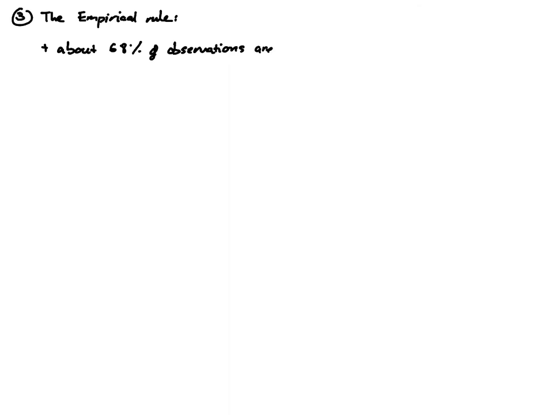And then the third fact is what is known as the empirical rule. This rule says that about 68% of the observations are within one standard deviation of the mean.